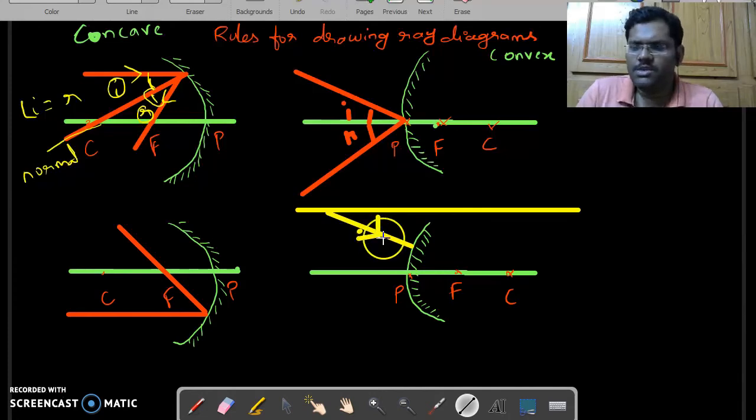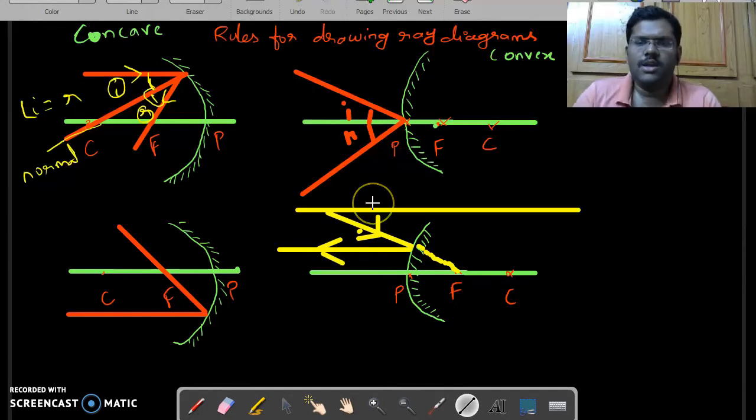If you see here, this straight line touches the focus. That means it is appearing that it is going through the focus. So if it is going through the focus, it reflects back, passing parallel to the principal axis. So it passes parallel like this.